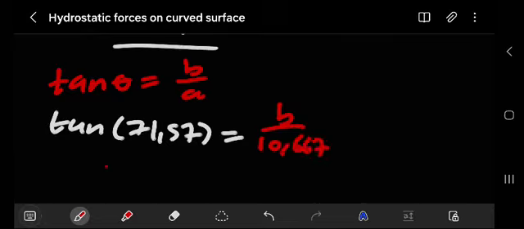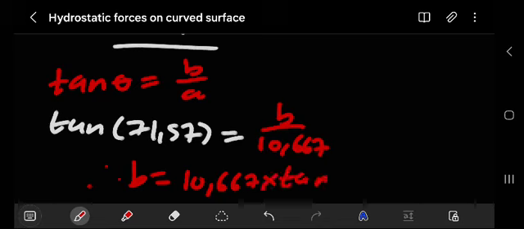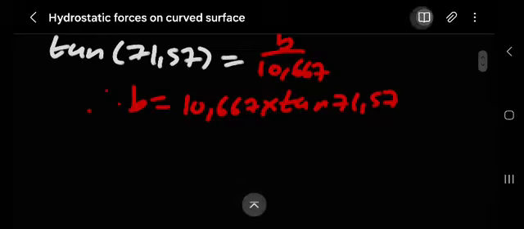Let us get B. You multiply: 10.667 multiplied by tan 71.57.